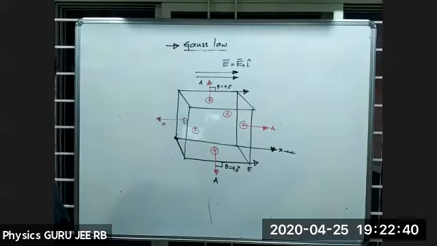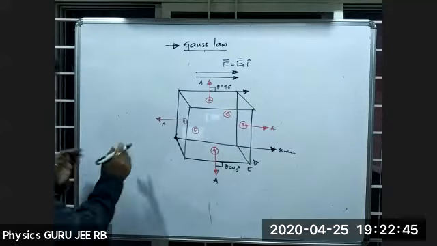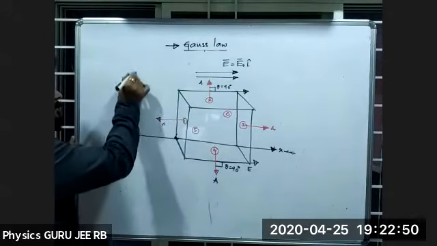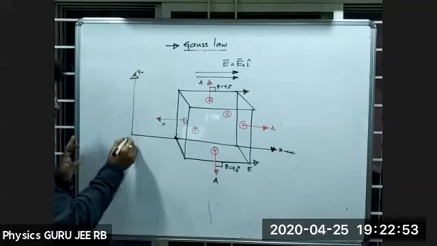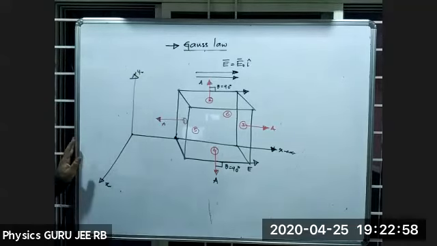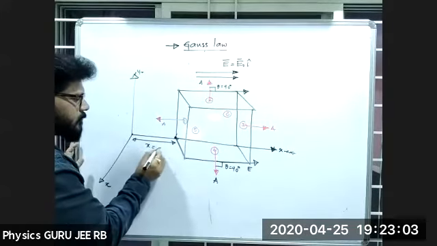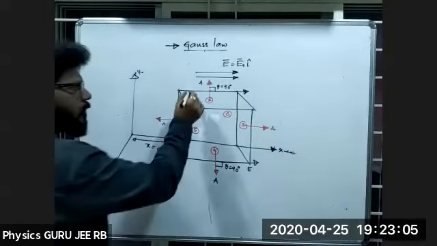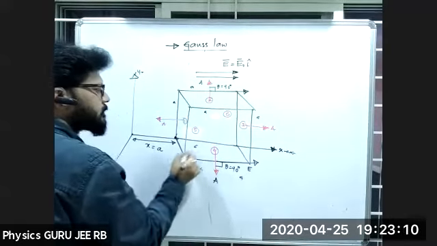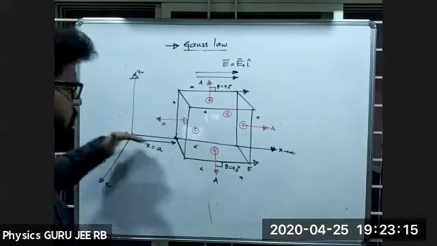Fine. Let me take this distance, this is the y axis, here it is the z axis. Let me take this distance x is equal to a. Now all sides are a. Let us take it as all sides are a. Is it clear? All sides are a. This is the x axis, this is the y axis. X is equal to a.